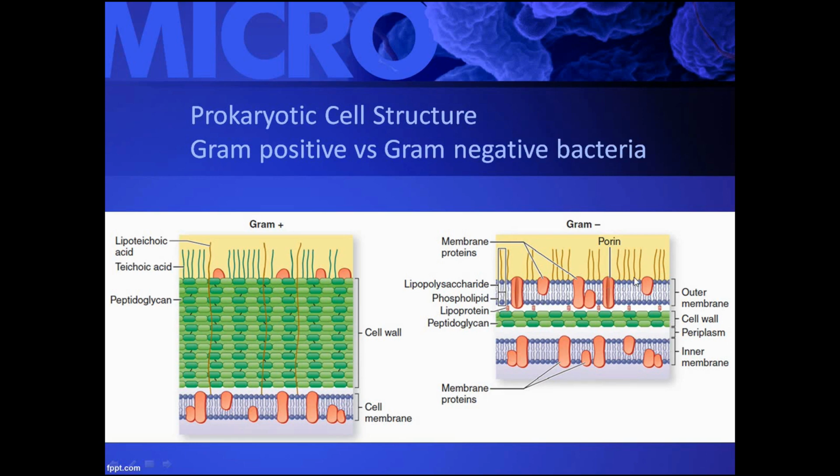Other structures in the outer membrane: we have membrane proteins, we have porins that allow materials to pass through the outer membrane, and we have lipoproteins that connect the outer membrane to the peptidoglycan layer. The space between the outer membrane and the inner membrane, we call it the periplasm.